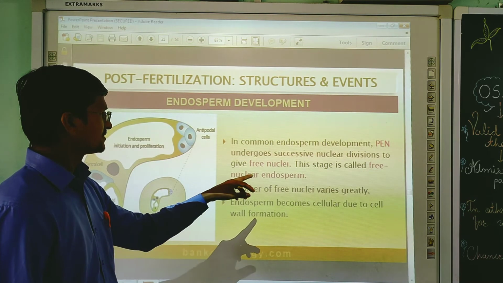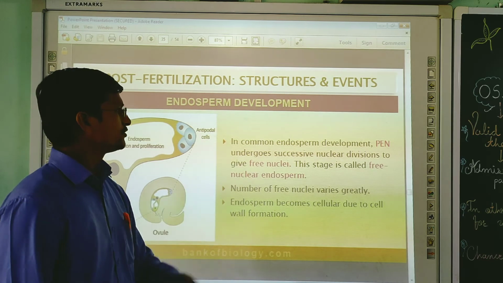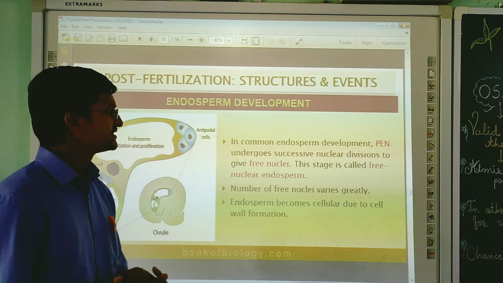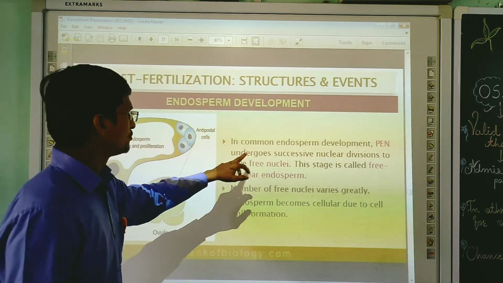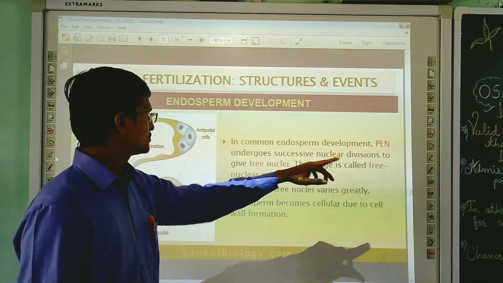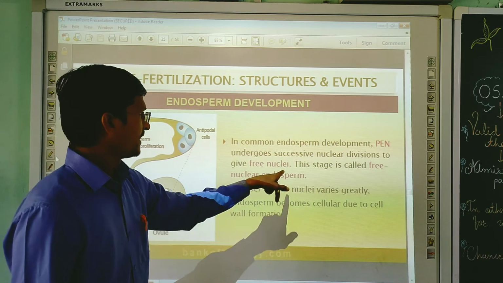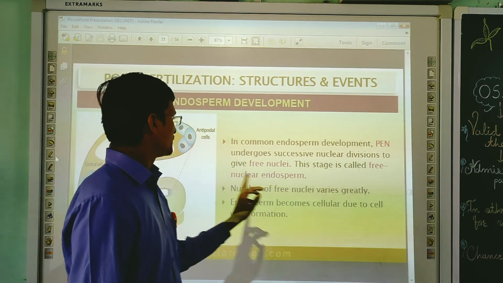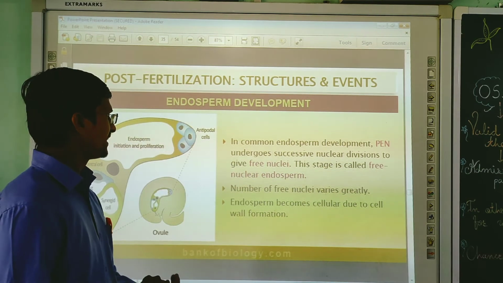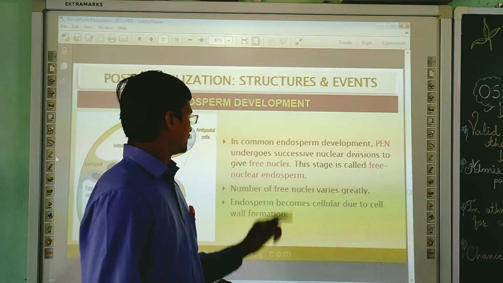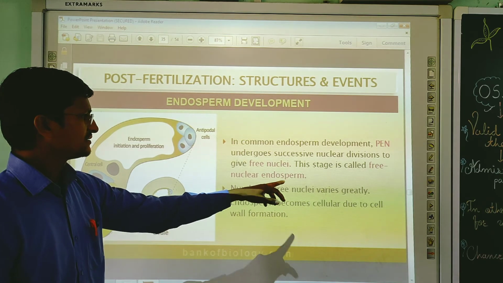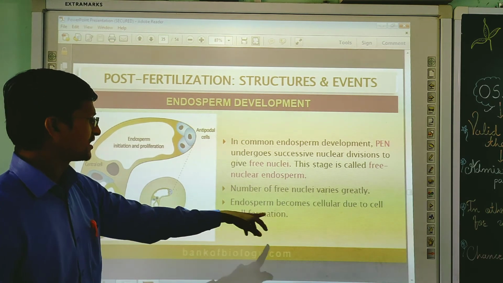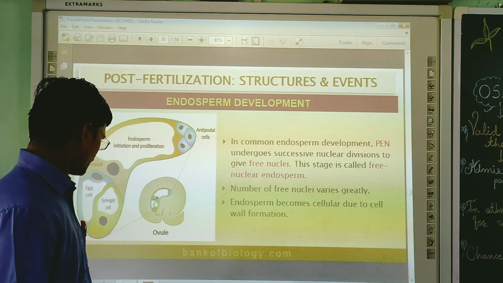In common endosperm development, the primary endosperm nucleus undergoes successive nuclear divisions to give free nuclei, and this stage is called free nuclear endosperm. The number of free nuclei varies greatly, and the endosperm becomes cellular due to cell wall formation.